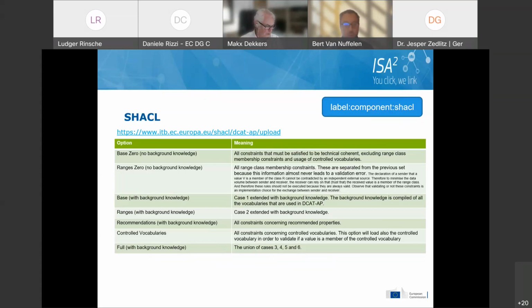Of course, there might be combinations that for your particular case you would like to validate something more out of this, then you have to do your own combination of the individual SHACL specifications, but at least we have somehow combined things that give an expected outcome. So you should be able to estimate what is the outcome of errors that you will get with this set of rules. That's the goal.